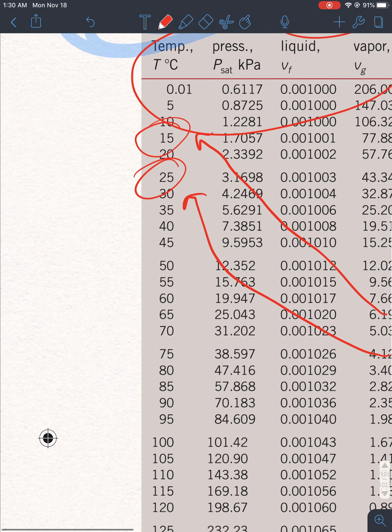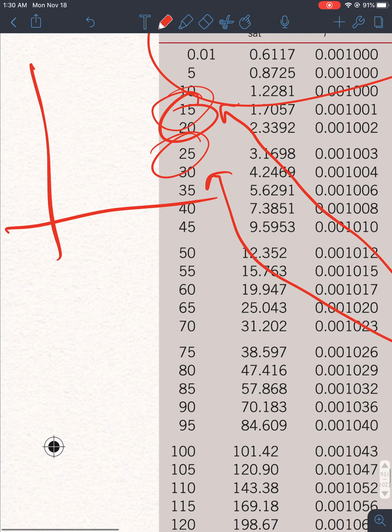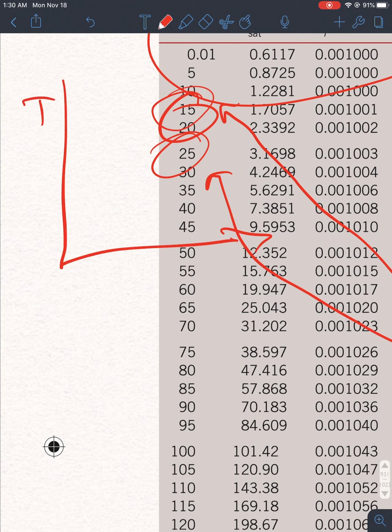The way that they do that is they linearize things. Let's interpolate, say T versus H. Generally temperature is on the vertical axis.